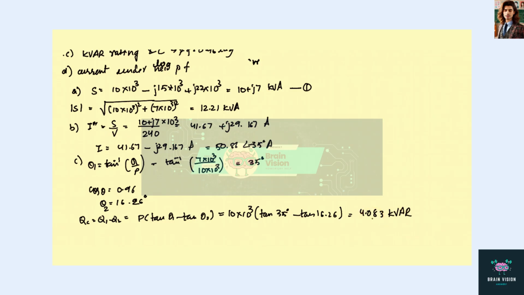Calculating the value for capacitance: capacitance is equal to QC by omega VRMS squared. Substituting the values, 4.083 into 10 raised to the power 3 divided by 2 pi into 60 into 240 squared, equals 188.03 microfarad, which is the value for capacitance.